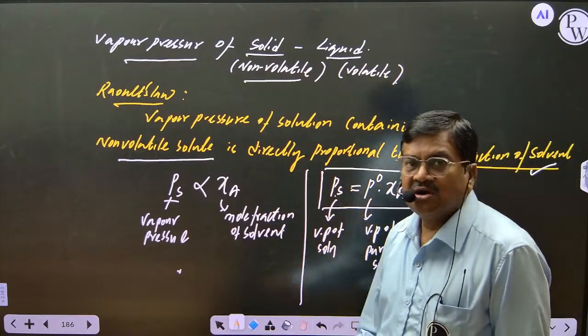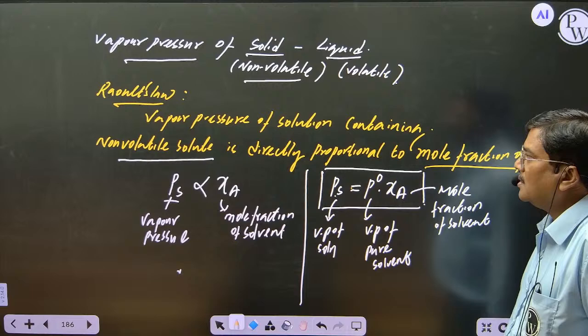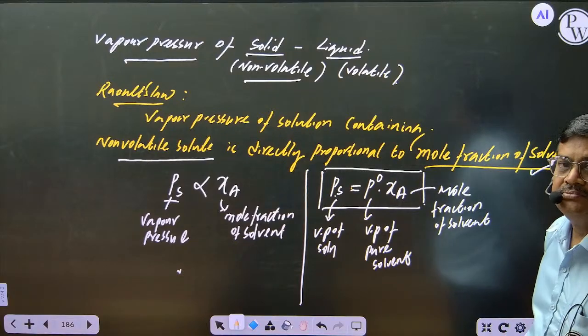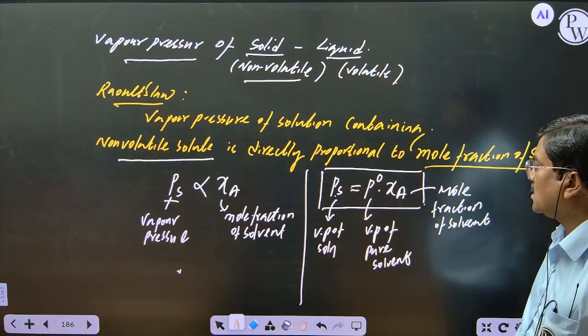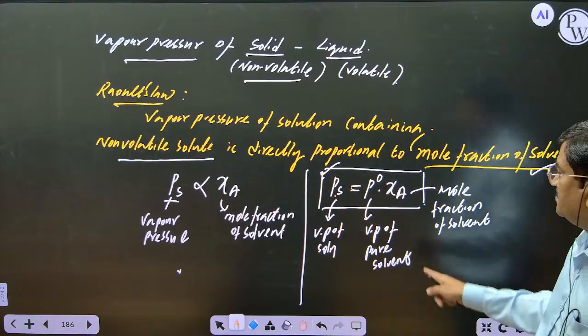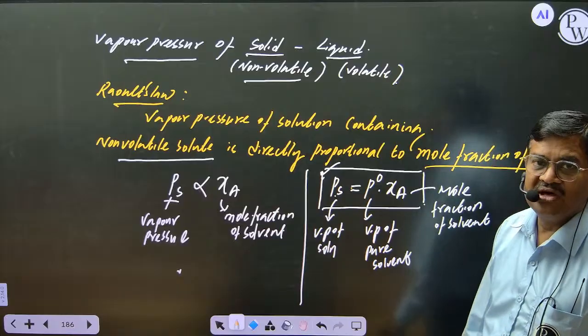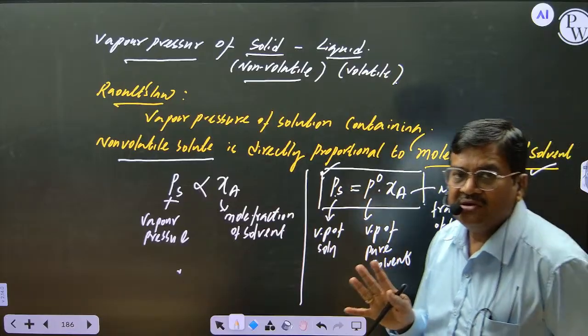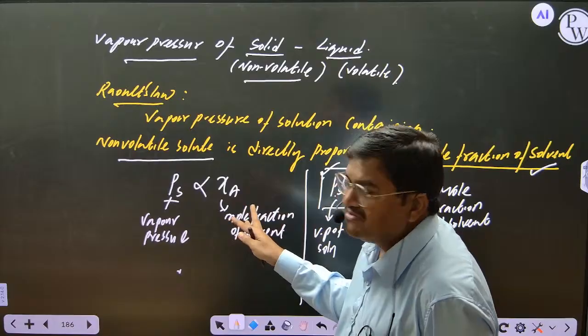Up to this, copy this. Understood? The vapor pressure of solution is equal to vapor pressure of pure solvent into mole fraction of solvent. Up to this clear all of you? Now observe here.